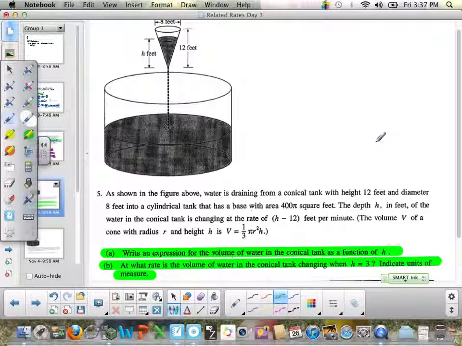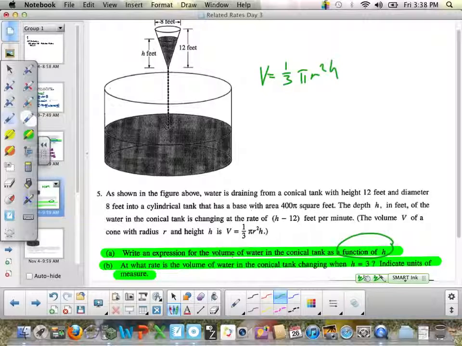All right? Volume equals, okay, the conical tank, so that's 1/3 pi r squared h. They say as a function of h. So we want to get rid of the r and replace it with h.